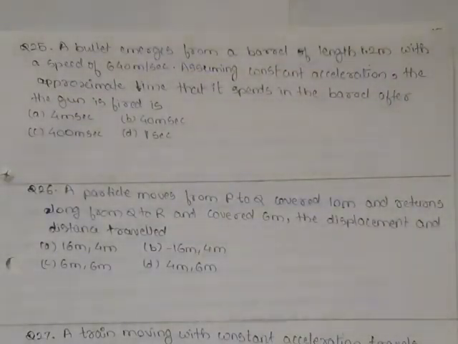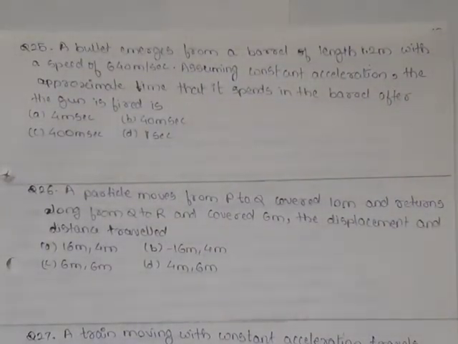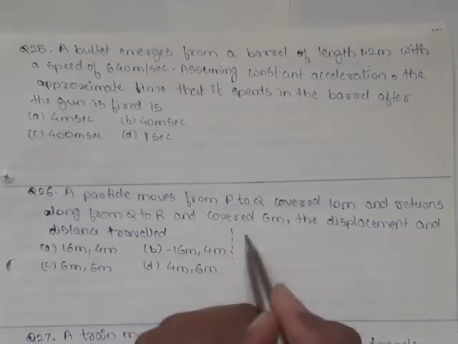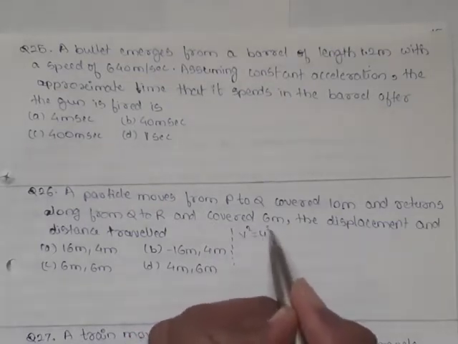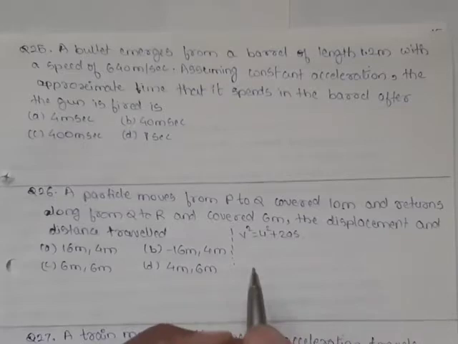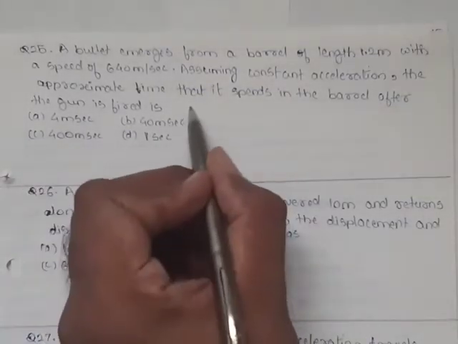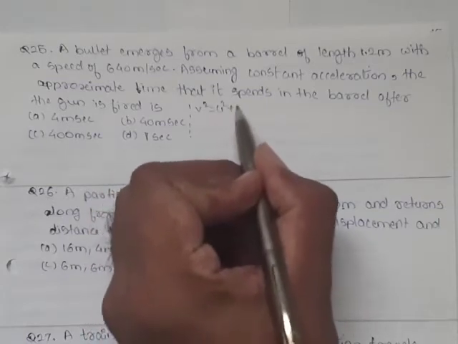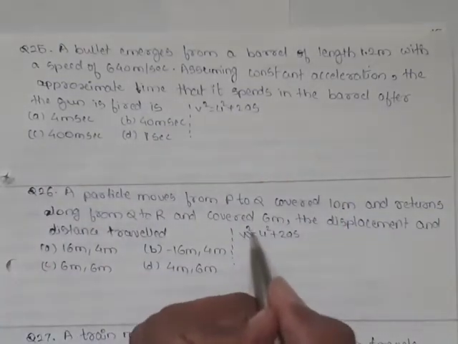Now question 25. A bullet emerges from a barrel of length 1.2 meter with a speed of 640 meters per second. Assuming constant acceleration, the approximate time that it spends in the barrel after the gun is fired is. Here we will use the first kinematical equation, v square equal to u square plus 2as.